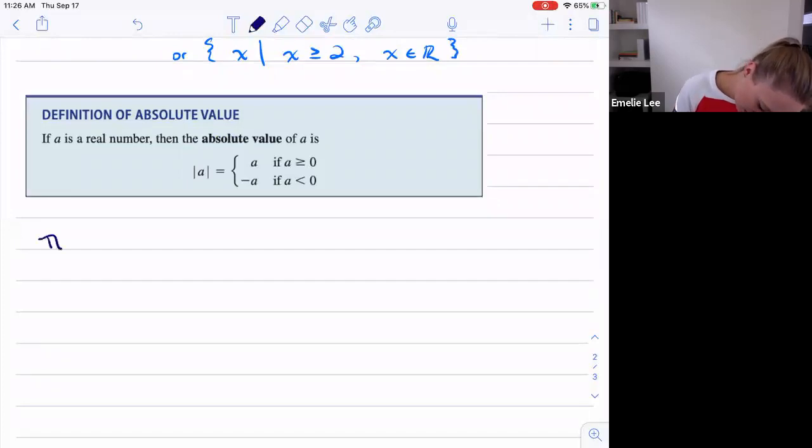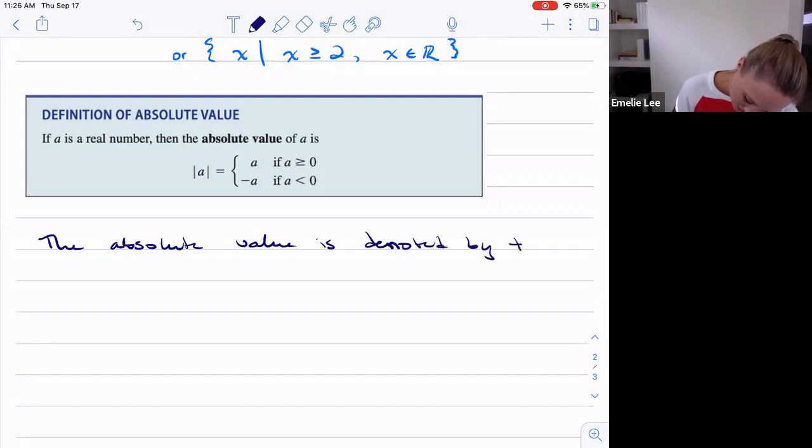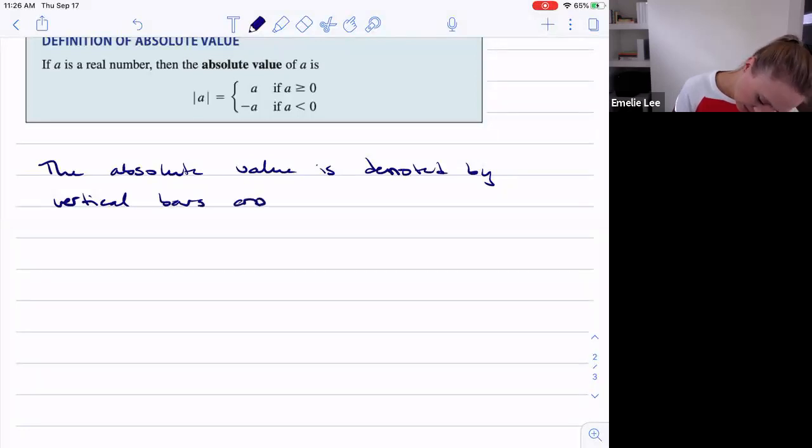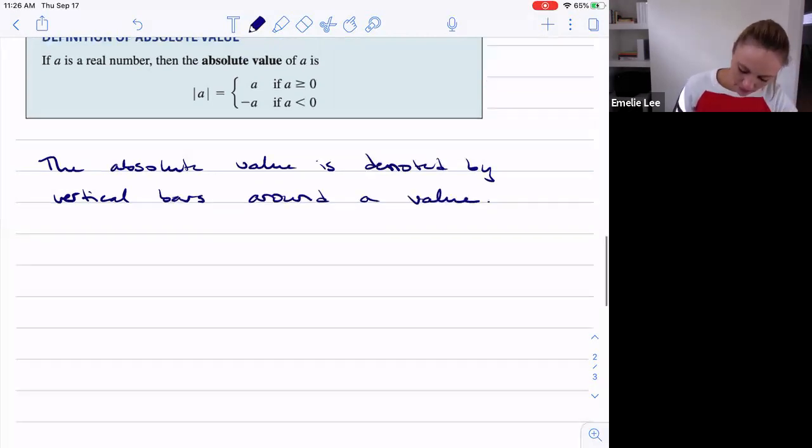And so the absolute value is denoted by, I shouldn't say 2, by vertical bars around a value. Okay.